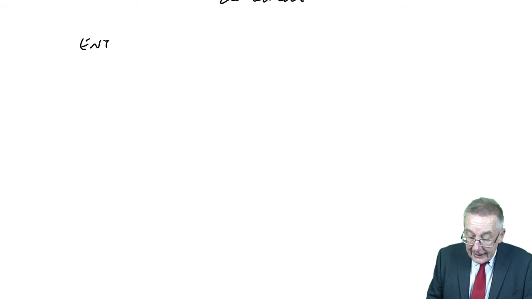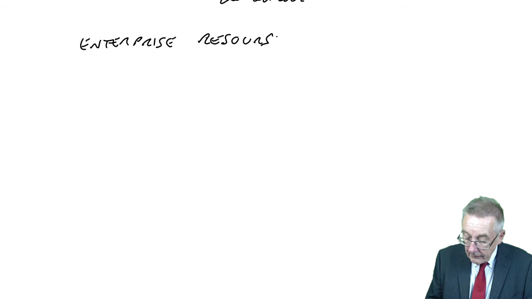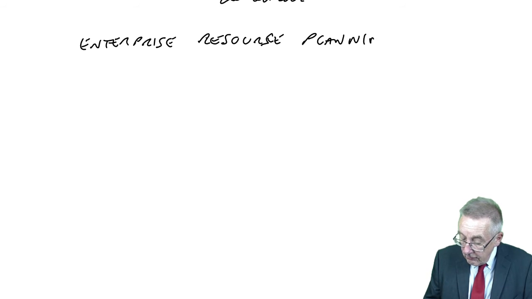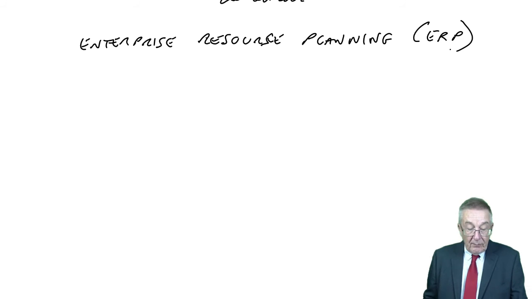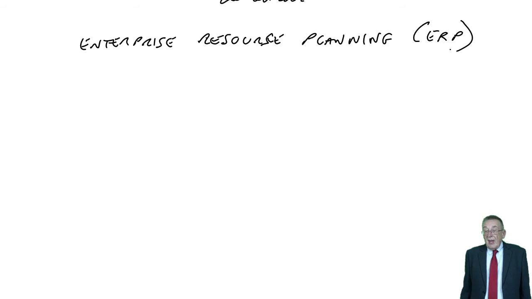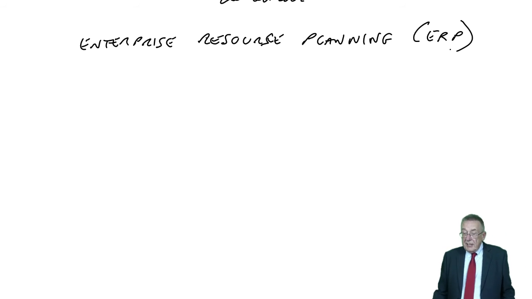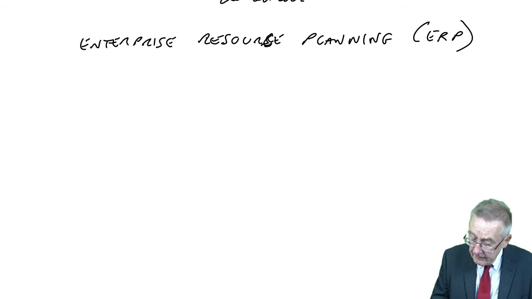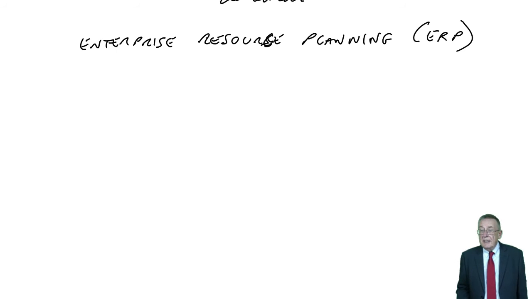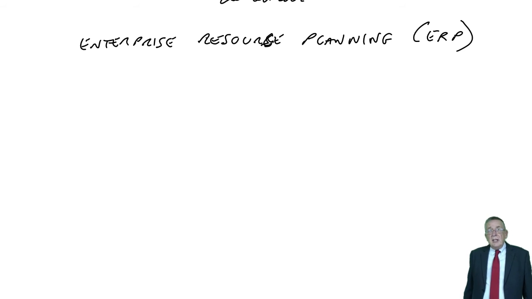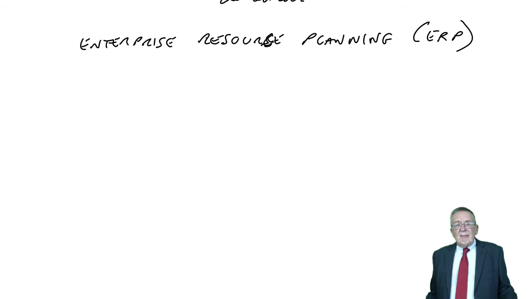The next one, enterprise resource planning, ERP. I never like this name because it always sounds to me as though it's doing something it isn't. All this is, okay, we've got lots of different departments.